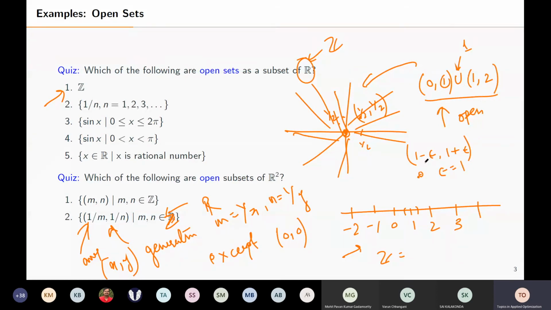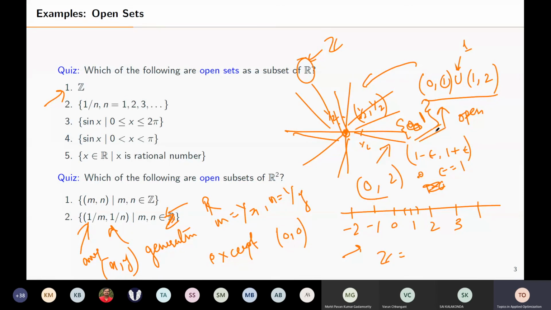So what do we get in the ball? It's like 1 minus 1, which is 0, and then 2. Now this open interval contains, not 0 but 1, only 1, because 2 is not included, since we are taking open sets.